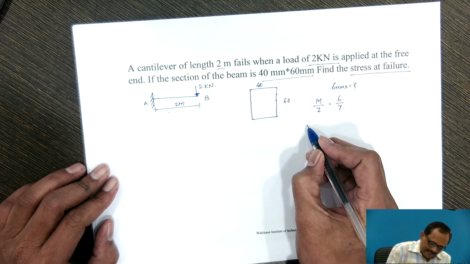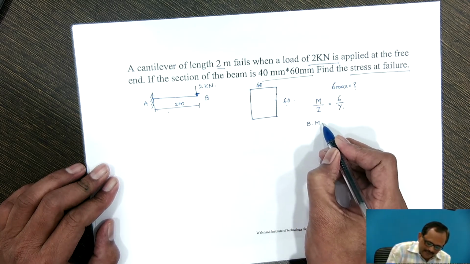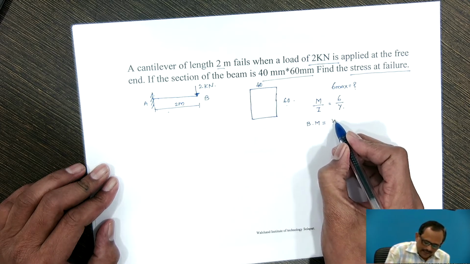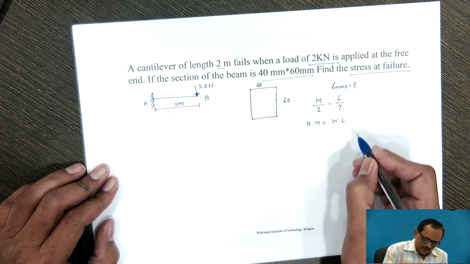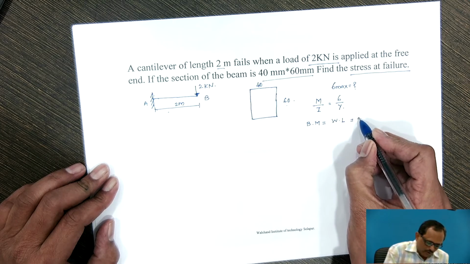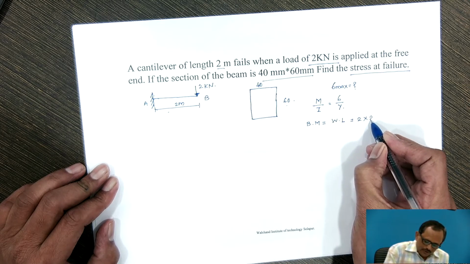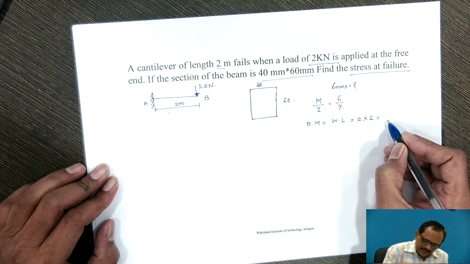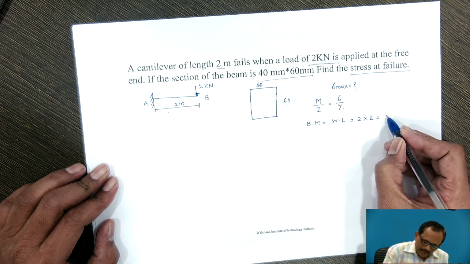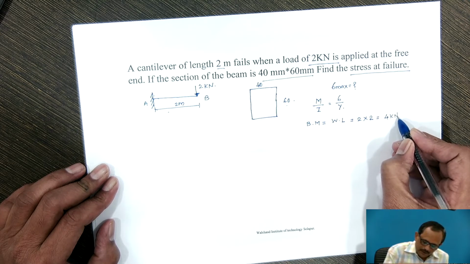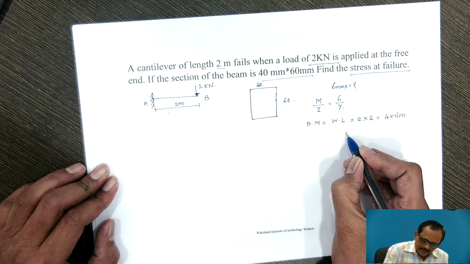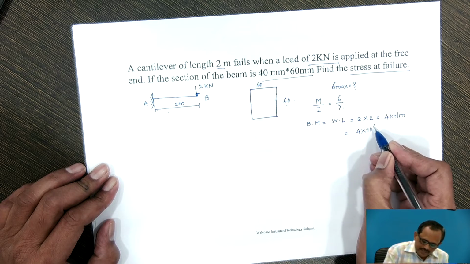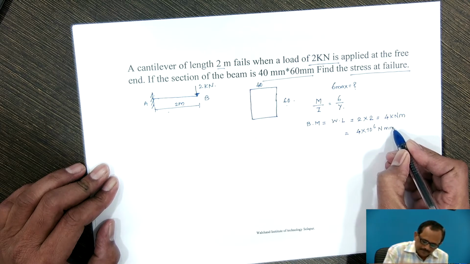For a cantilever carrying a point load at its free end, the maximum bending moment is given by W into L. Putting the value of point load 2 kilonewton into its distance 2 meter from the fixed end, the maximum bending moment will be 4 kilonewton meter. Convert this into Newton mm. So, it will be 4 into 10 raised to 6 Newton mm.